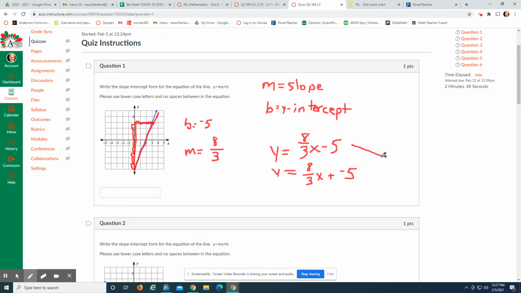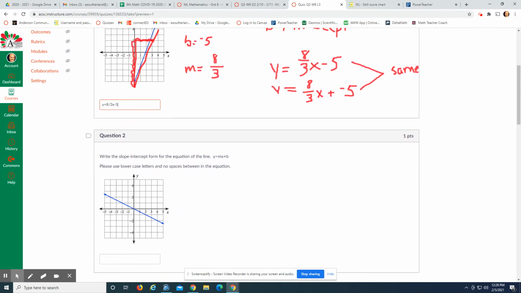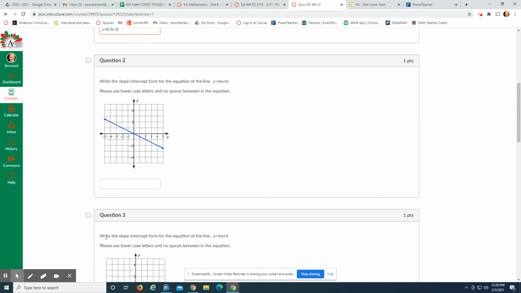These two mean the same thing. So if it's negative, I just put a minus sign. They're the same. And so I'm going to type in y equals 8 over 3x minus 5. And then I'm going to go on to the next question.